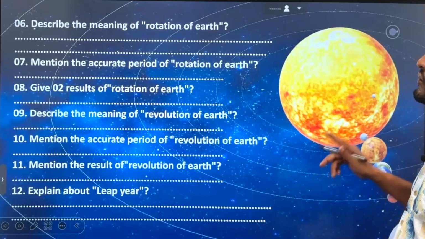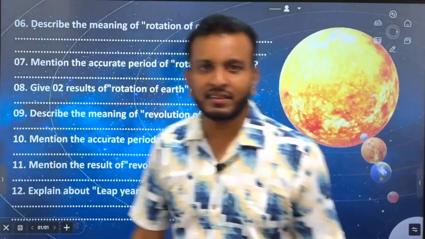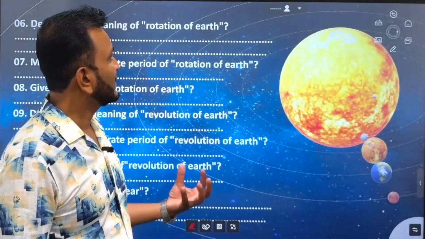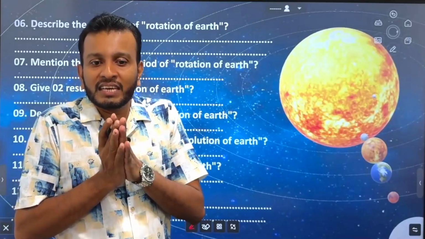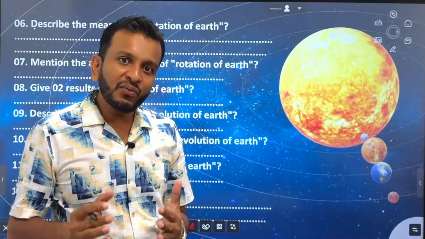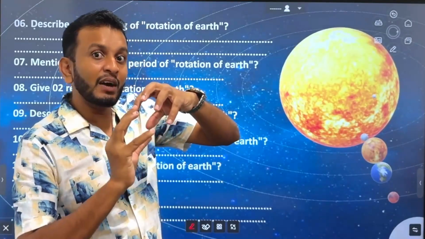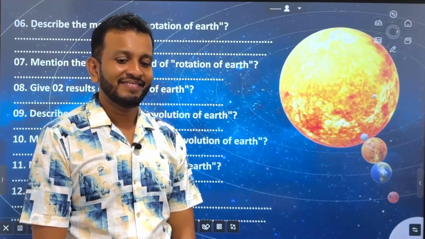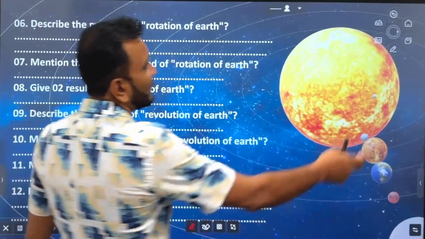Describe the meaning of rotation of the earth. Very easy. What is rotation of the earth? The movement of the earth around the sun? Two processes, no? The movement of the earth around its own axis.